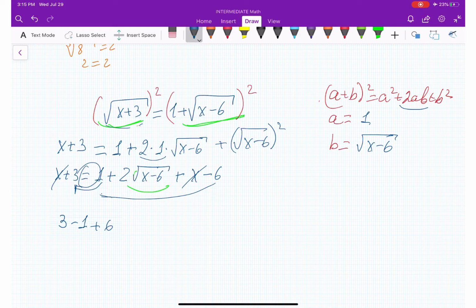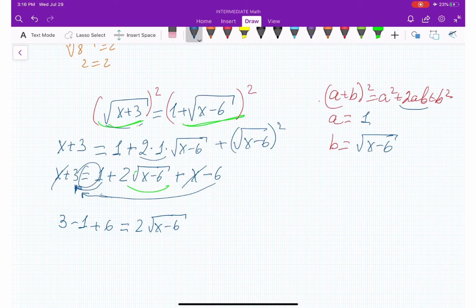So I'm moving this also to this side. And we are getting on the right side of the equation 2 square root of x minus 6. Okay?